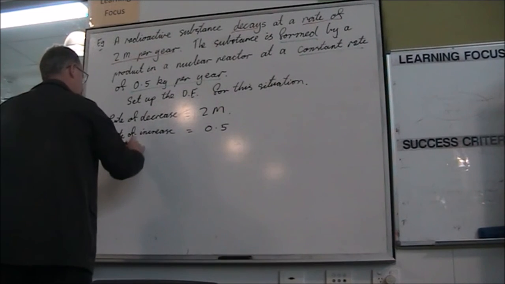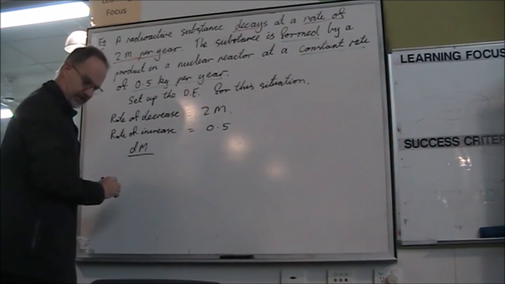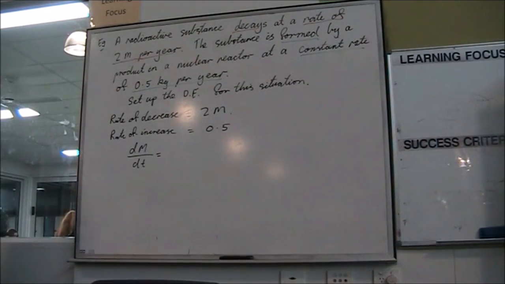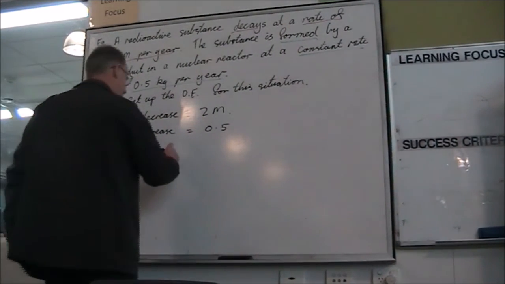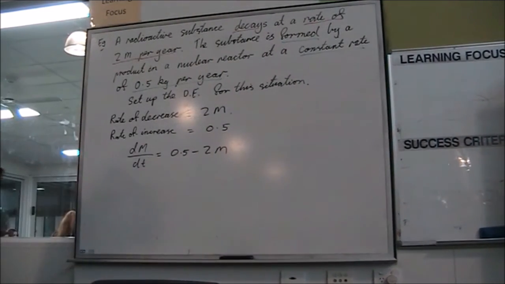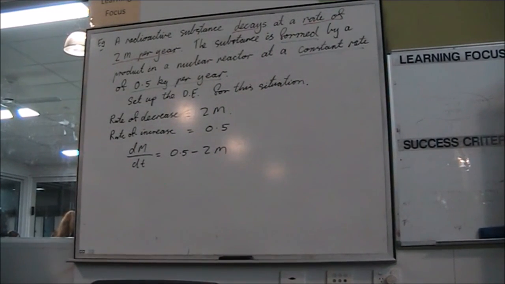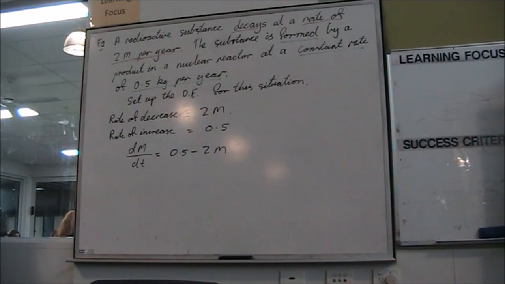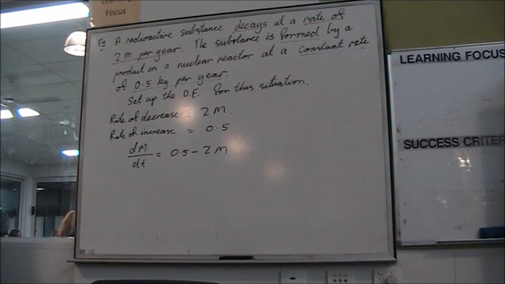So the equation, the mass that it changes with time. Okay, rule of thumb is we go increase minus decrease. So in this case it's 0.5 minus 2m. And then if we were asked to, we would go ahead and solve that equation. All right, so any questions about that before we stop?